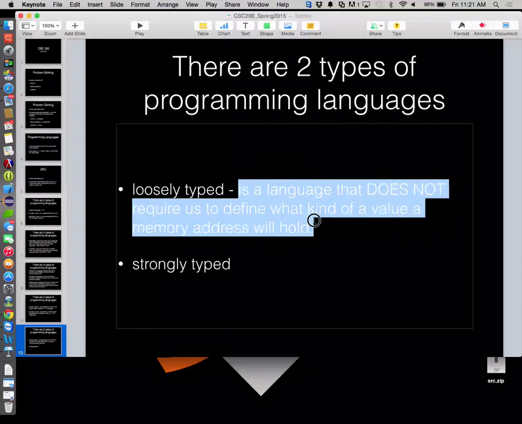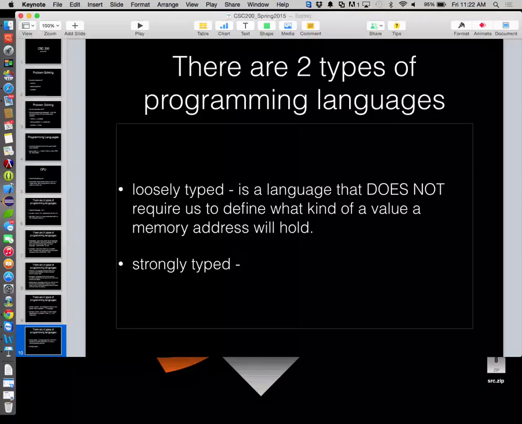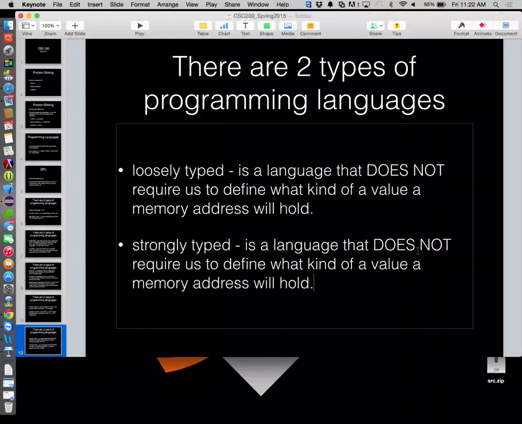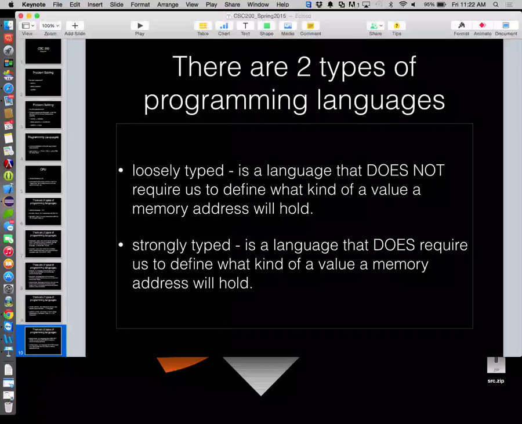Loosely typed languages do not require us, when we're creating memory to remember something, to inform them what we intend to put there. Strongly typed languages do require us to define what kind of value a memory address will hold.